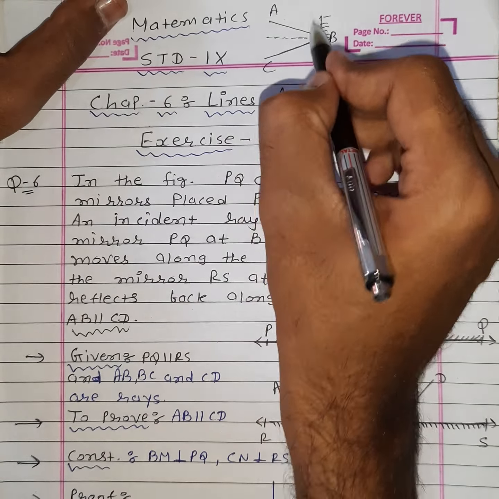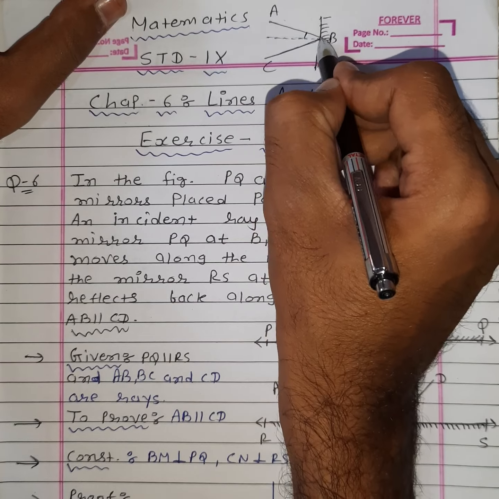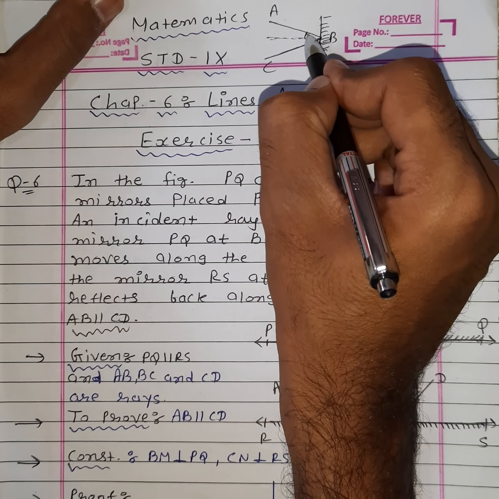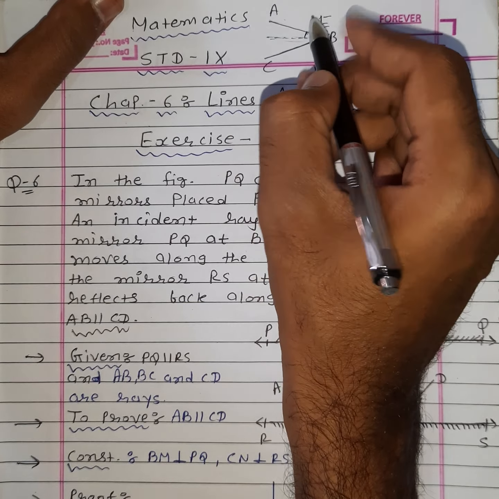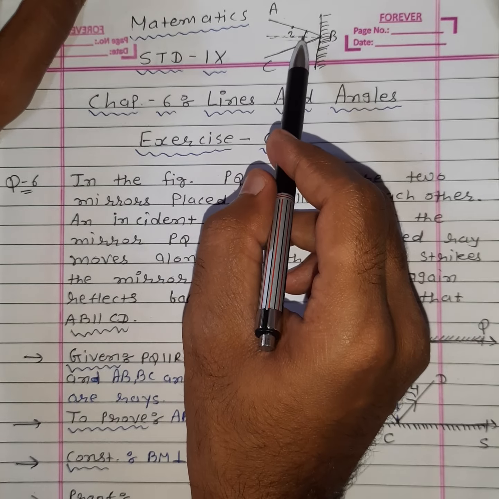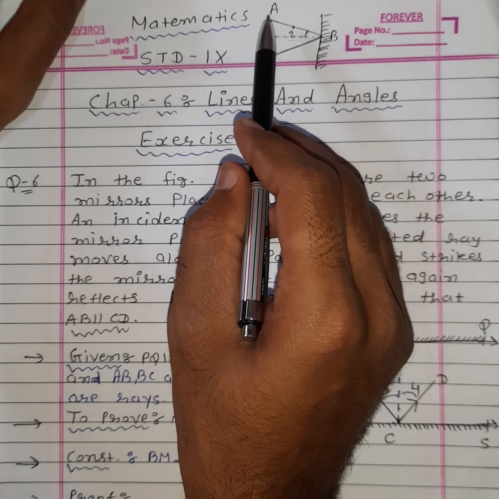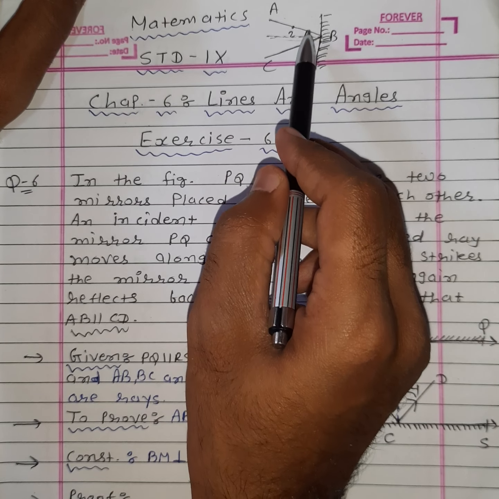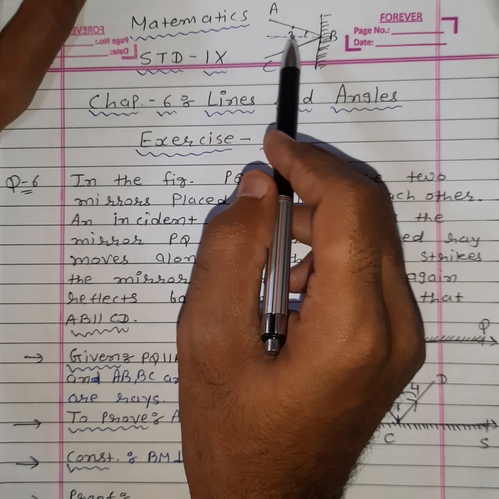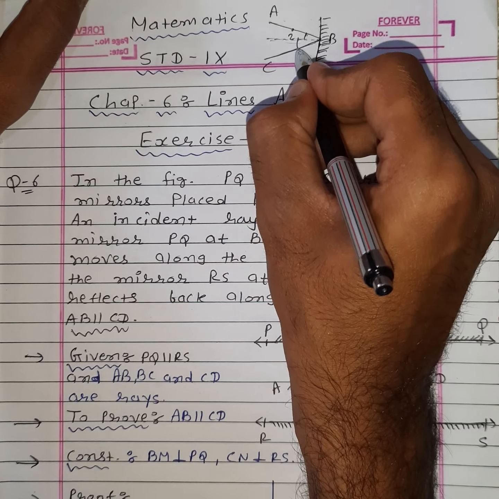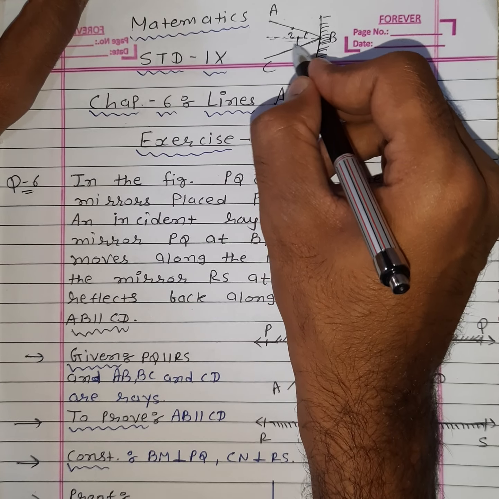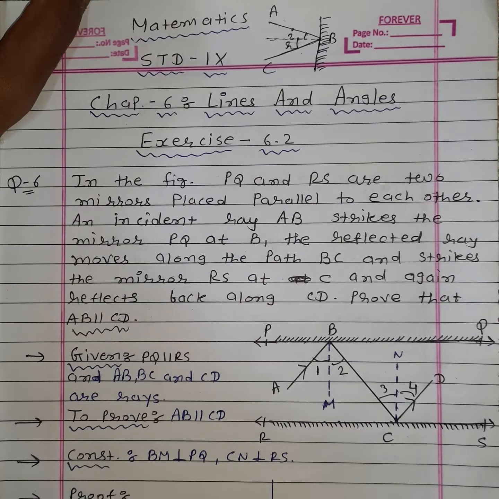So this is the incident ray AB and this is the normal, right? The angle between the normal and the incident ray is called the angle of incidence, right? And the angle between the normal and the reflected ray is called the angle of reflection, right?